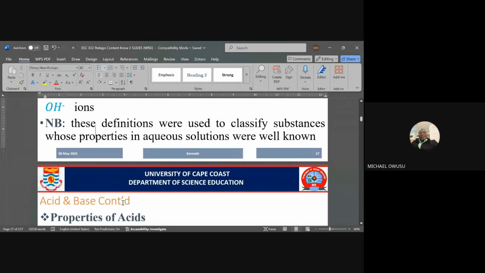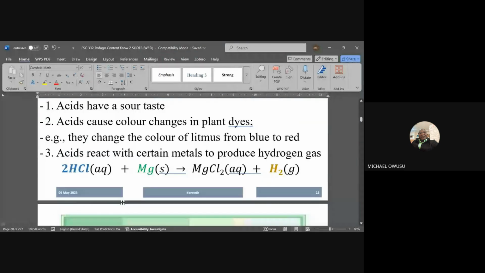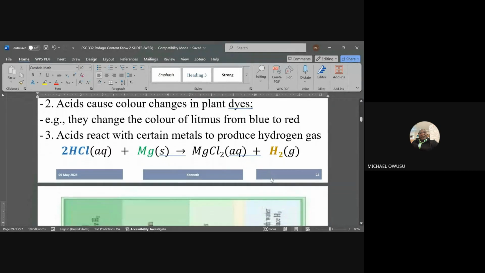They have a sour taste. They cause color changes in plant dyes; they change the color of litmus from blue to red when it is moist. And then they react with certain metals to produce hydrogen gas. For instance, HCl plus magnesium will give magnesium chloride and hydrogen gas. That is about the acid that we know.